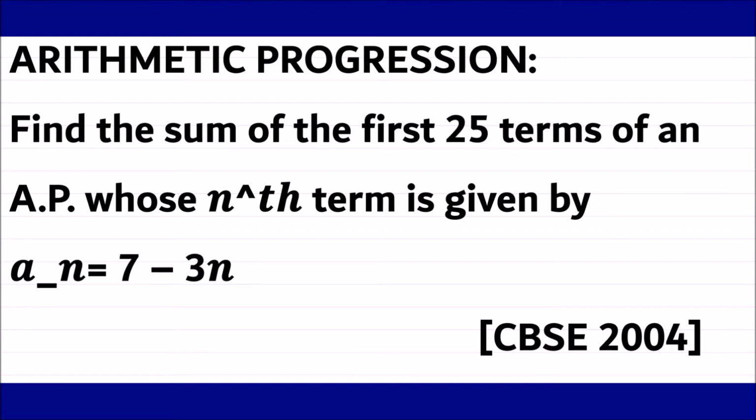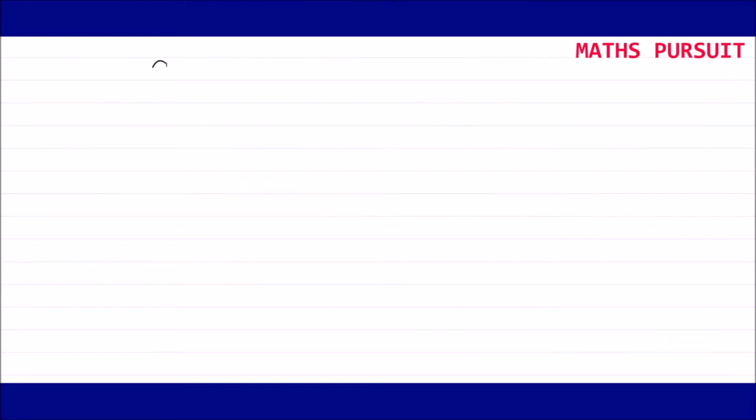Now guys, as per the question, it is given that an is equal to 7 minus 3n. This is what is being given. Now let us first of all find the values for two different values of n, when n is equal to 1 and when n is equal to 25.